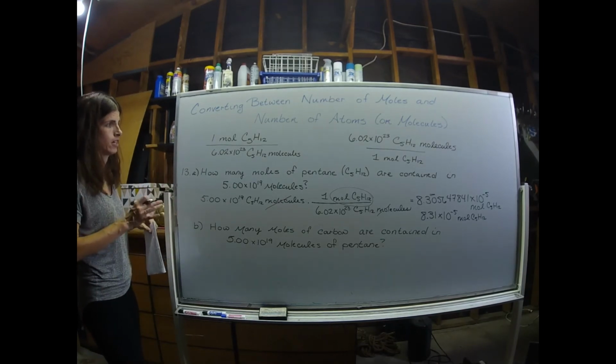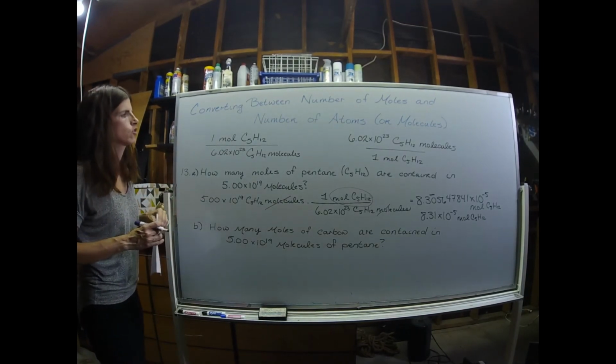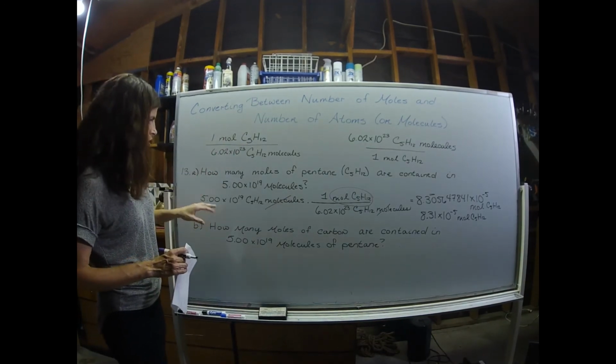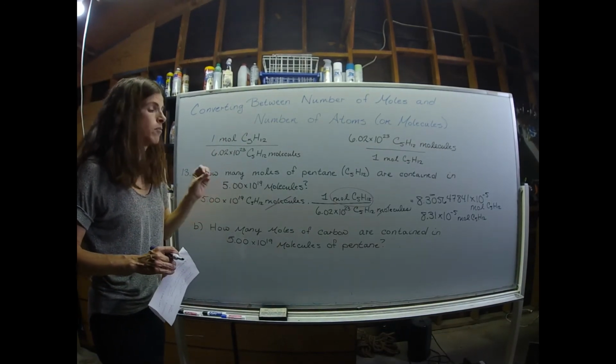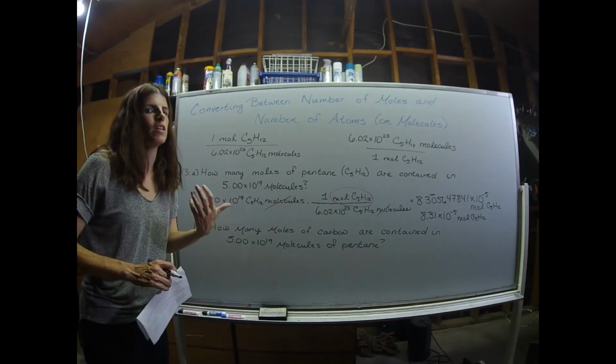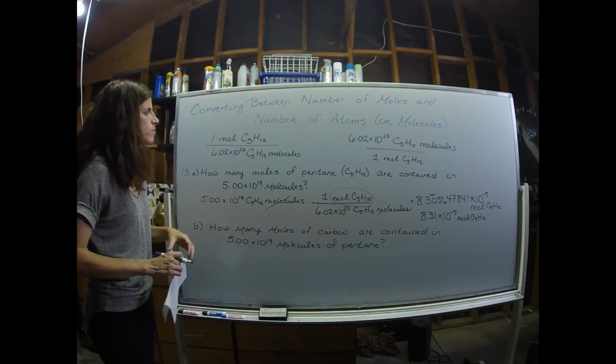Similar idea here. Sometimes I encourage students to think about it this way: if we were going to build 5 times 10 to the 19th molecules of pentane, how many spheres would we need for those carbon atoms?